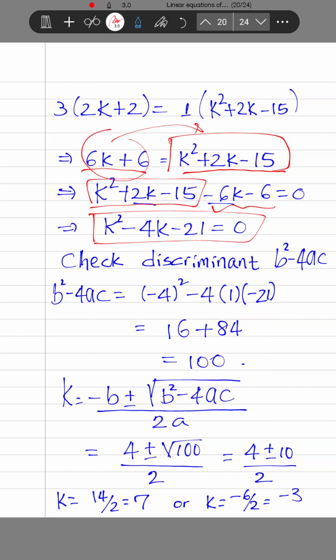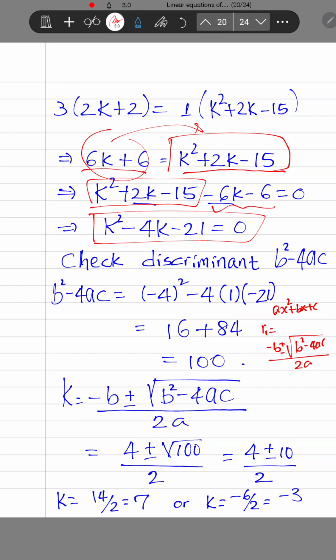Now we need to first check the discriminant of the given quadratic equation. As we remember, the roots of any given quadratic equation in its general form ax squared plus bx plus c are minus b plus or minus the square root of b squared minus 4ac, divided by 2a.